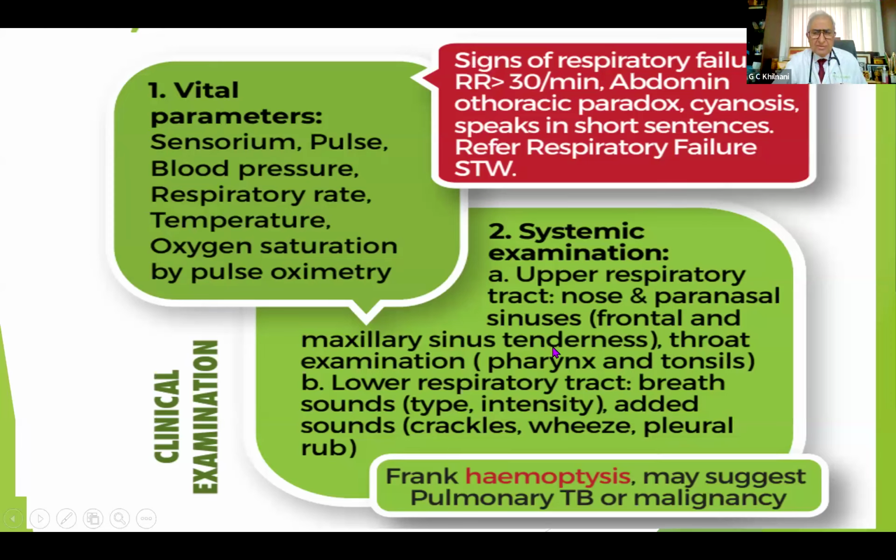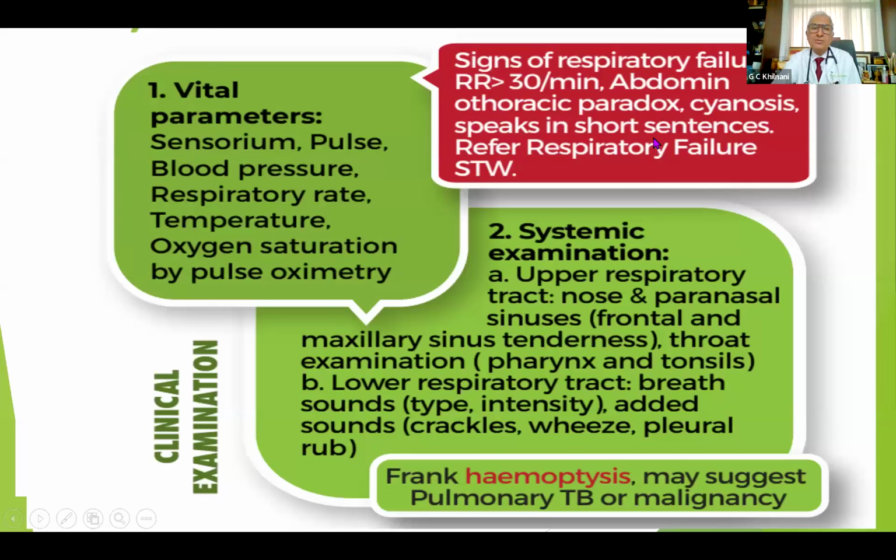Now, it is important to emphasize here that no patient should be denied referral to the proper center because, as I said at the outset, respiratory infections are major killers all over the world, not only in India. So the signs of respiratory failure, which are given in red: if the respiratory rate is more than 30, or if there is abdominal paradox, that means the accessory muscles of respiration are working.